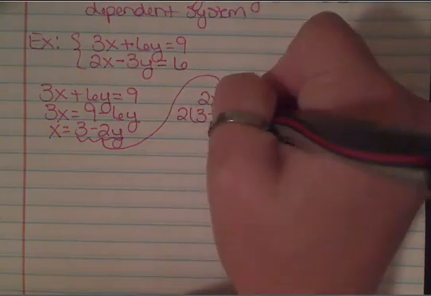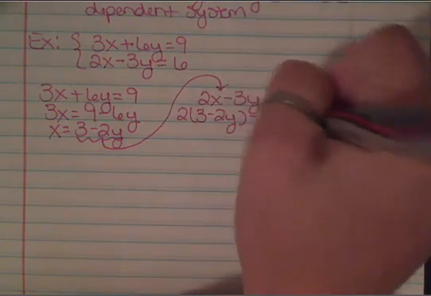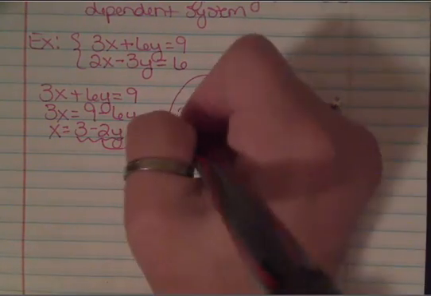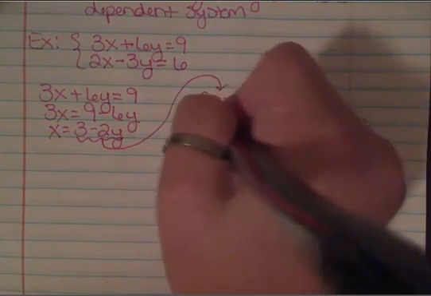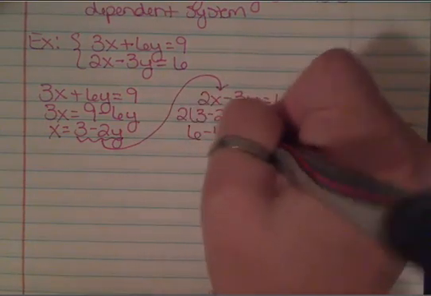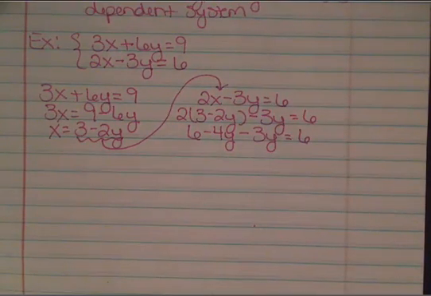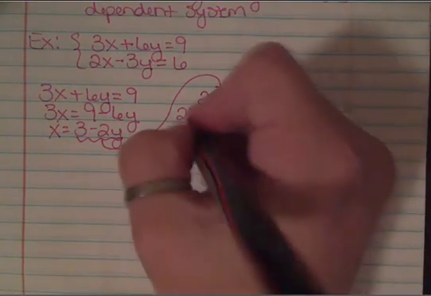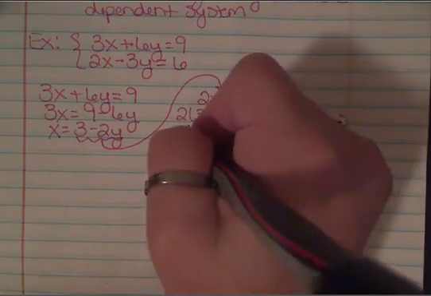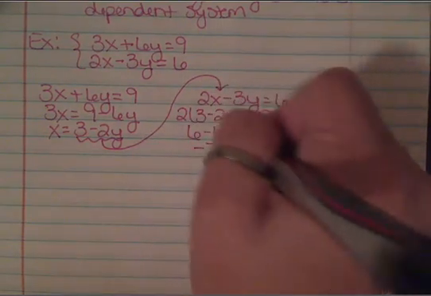So that leaves me with 2 times (3 minus 2y) minus 3y equals 6. So that gives me 6 minus 4y minus 3y equals 6. So I subtract over my 6 and I combine my like terms, so I'm left with negative 7y equals 0. So y equals 0.